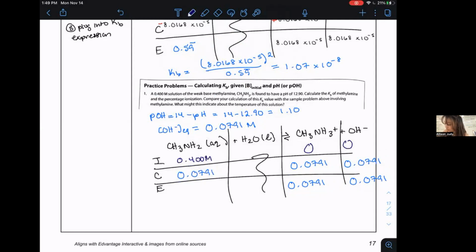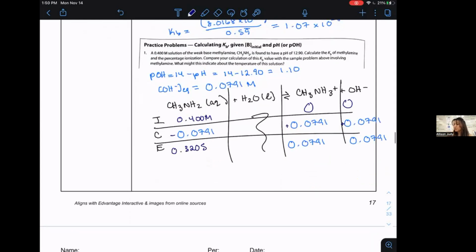Can someone do the math that shows what my equilibrium value for my acid would be? Lorena. 0.3205. And then you just simply plug into Kb. And that's going to equal what?